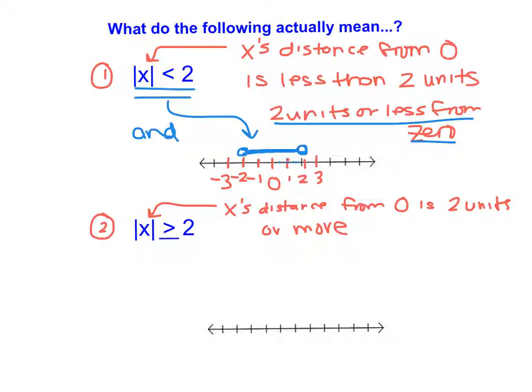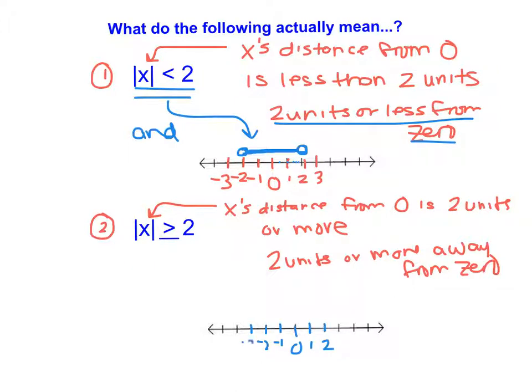So now we have to look for all of the numbers that are 2 units or more away from 0. Again, I'm going to start with a number line. Here's 0, 1, 2, -1, -2, there's -3, there's +3.